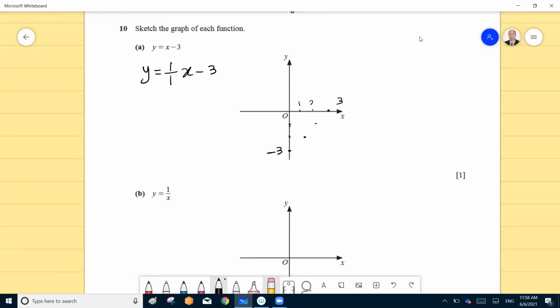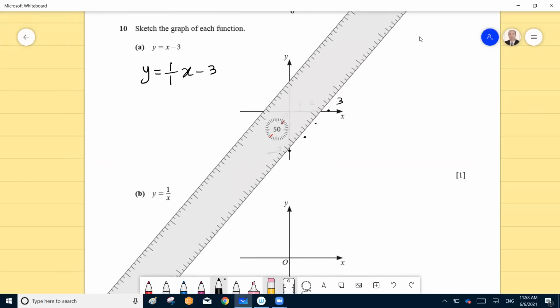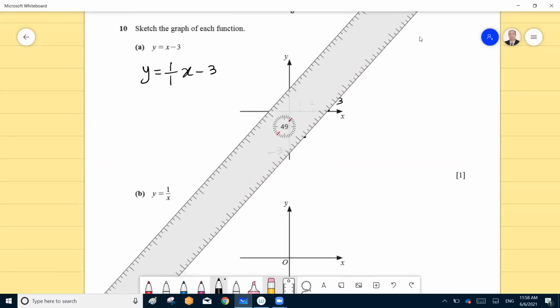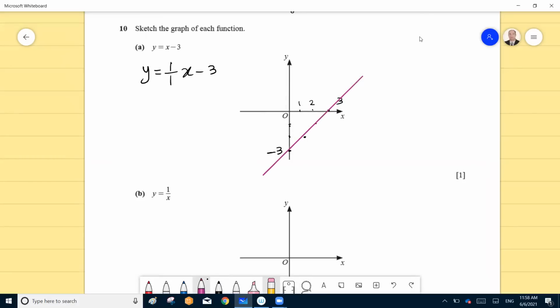You have to mark a point like this and use a ruler to sketch your line. Your line will pass through the point 3 on the x-axis and -3 on the y-axis.